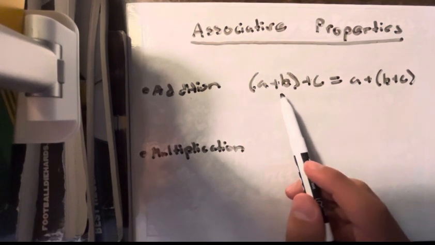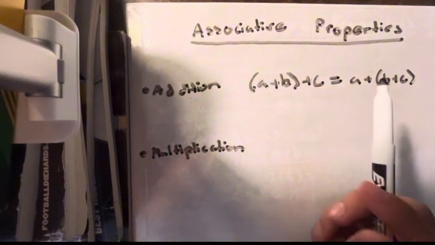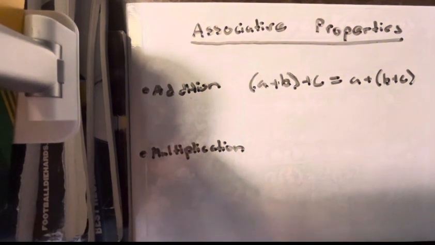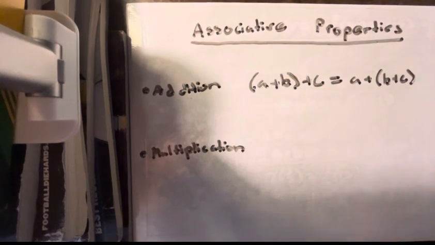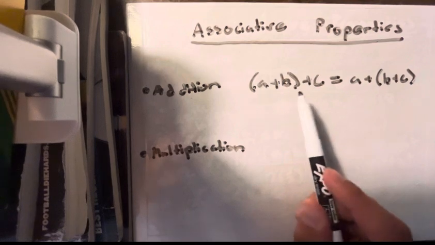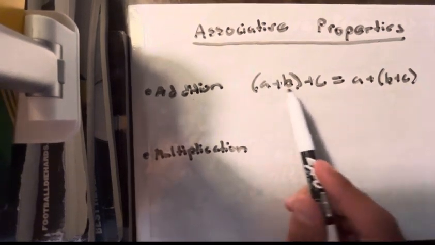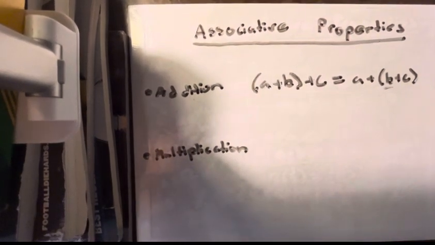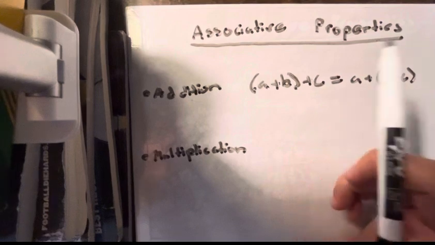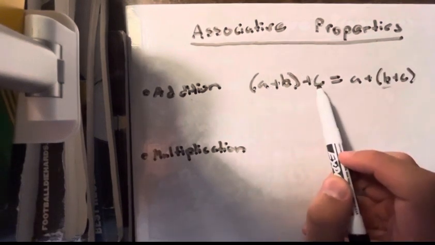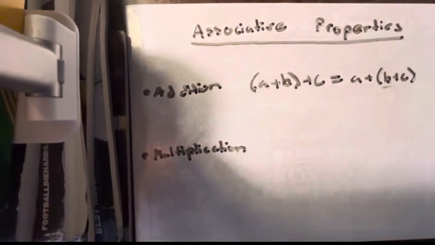We are using addition with both of these numbers. So that means that it actually doesn't matter where you put the parentheses. You can honestly just ignore the parentheses as long as they're all the same. You're adding every single thing on this side of the equation, and you're adding every single thing on this side of the equation. So it will result in the same answer.